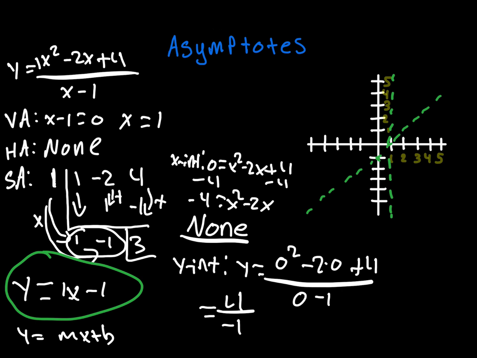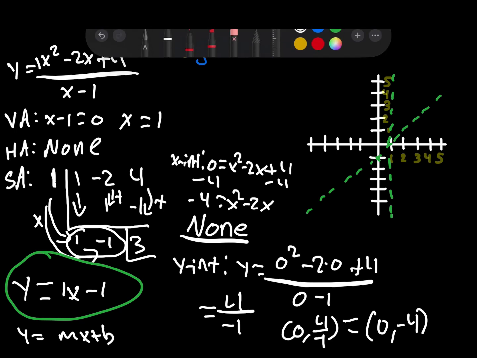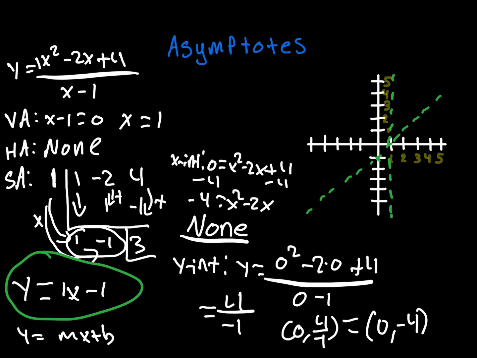And in coordinate notation, this would be 0 comma 4 over negative 1. And this is also basically just 0 comma negative 4. And our y-intercept would be located right over here.